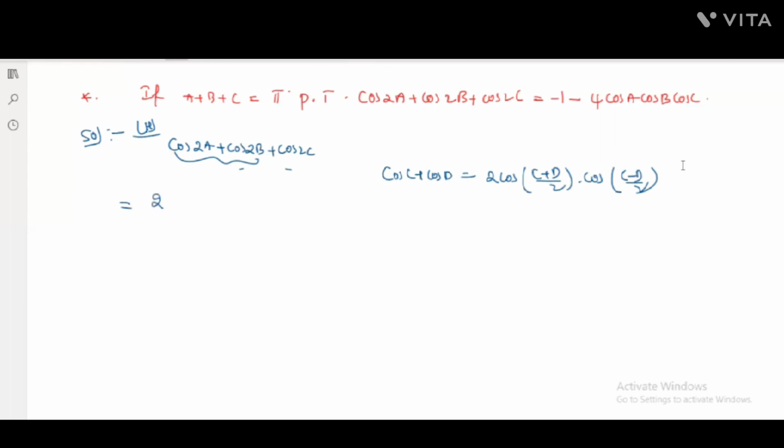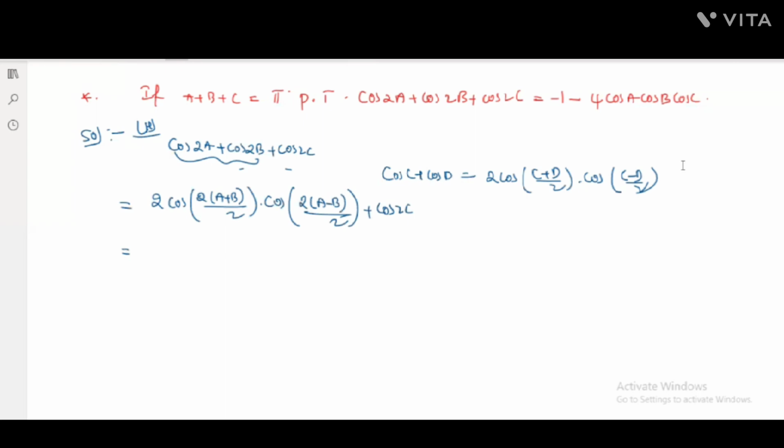So if I apply this, 2 cos((C plus D) by 2) means 2A plus 2B, 2 is common, so (A plus B) by 2 into cos of 2 into (A minus B) by 2, plus cos 2C.